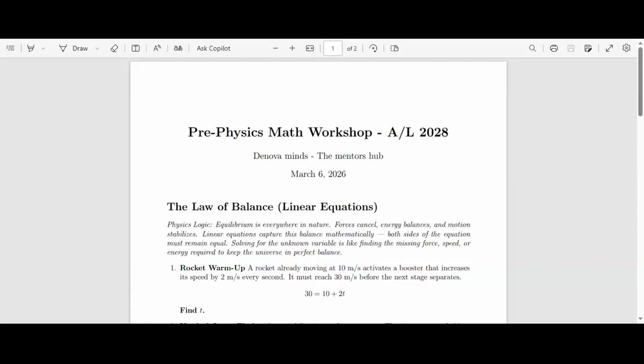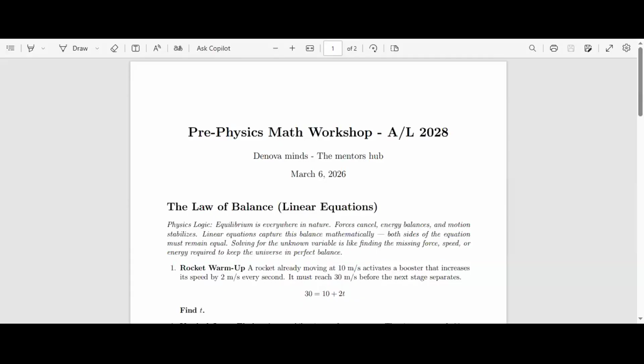Now I have included some problems, but the problems require some sort of physics idea, so I have not gone into that. I have given the equations themselves. Once you learn physics later on, you'll be able to get these equations on your own.